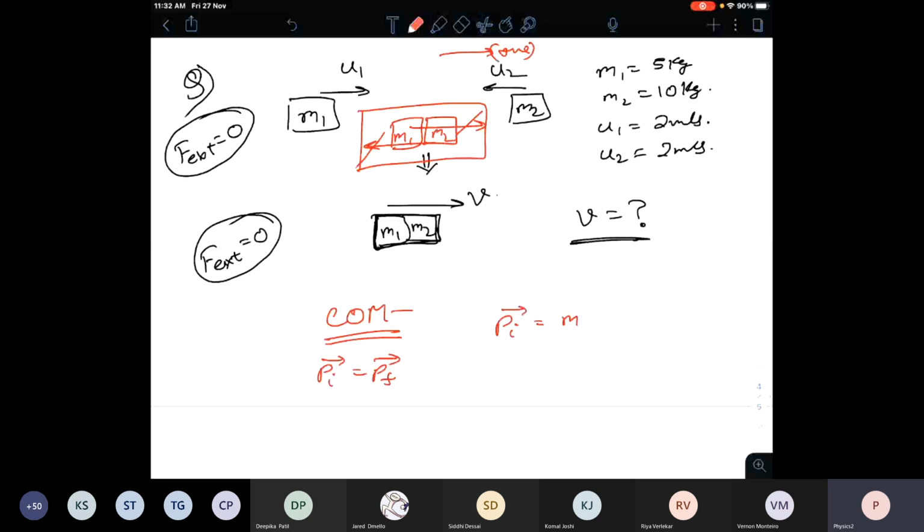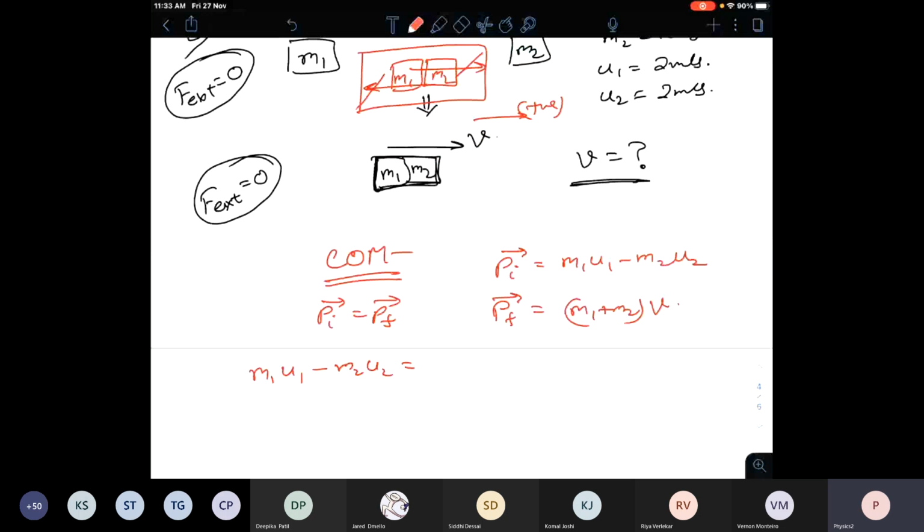The final momentum will be m1 plus m2 into v, also in the positive direction. So m1 u1 minus m2 u2 is equal to m1 plus m2 into v.